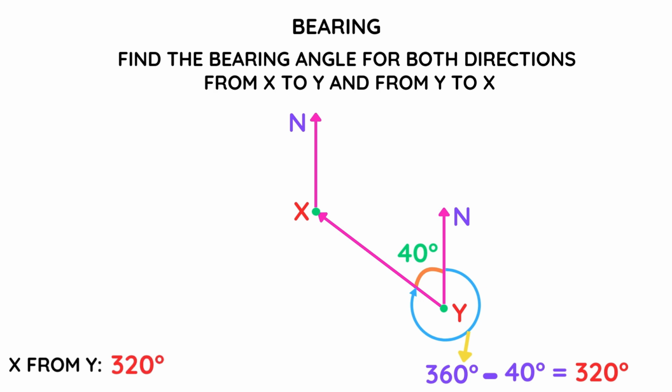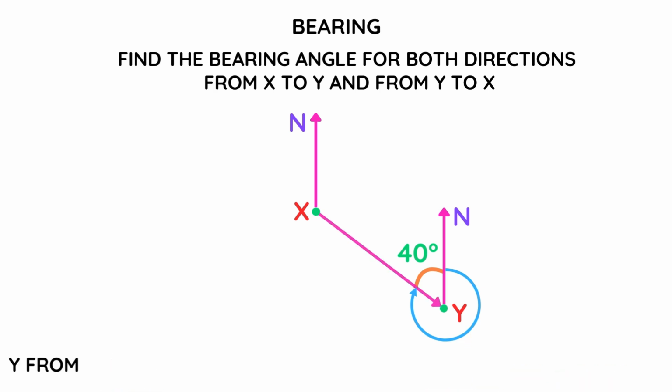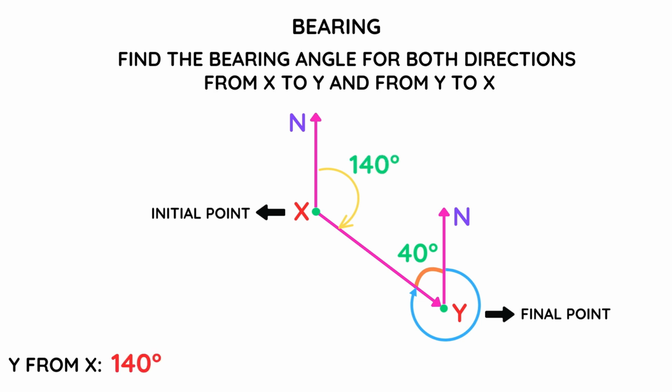For the next part of the question, we need to find the bearing of y from x. This means our initial point is x and our final point is y. This time, the direction of the line is from x to y, not y to x. We draw the angle in the clockwise direction from x. This gives us the bearing of y from x, which comes out to be 140 degrees.